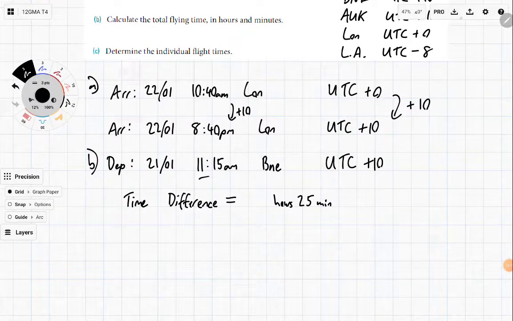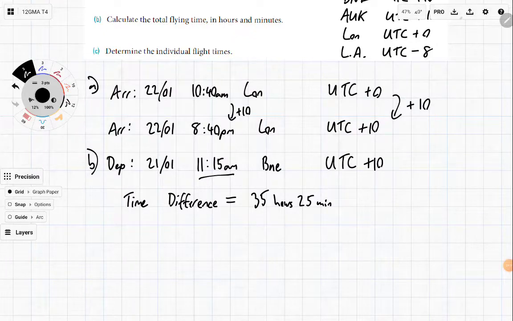So 11 a.m. to get to 11 p.m. to get to 11 a.m. the next day, well, that's 24 hours, so it's at least 24 hours. That takes us to 11:15 a.m. on the 22nd, but it's more than that. We've got to go a few extra hours, so it's going to be 12, 1, 2, 3, 4, 5, 6, 7, 8. So it's another 9 hours, which adds up to 35 hours and 25 minutes.